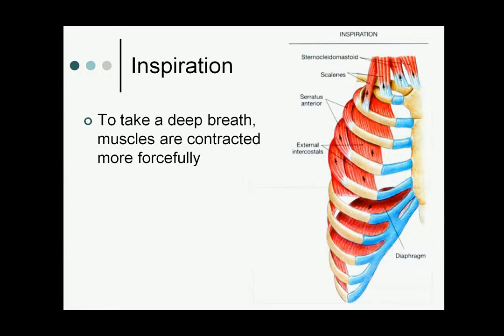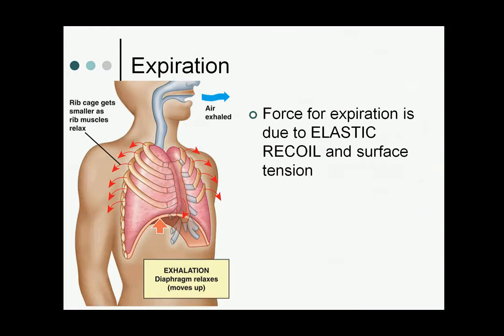So for a deep breath, continuing on the inspiration and almost completing, deep breath is just more contraction of your rib muscles and also the diaphragm. For expiration, everything is just kind of going back to normal for the most part. Relaxation is the easy part. So diaphragm relaxes, intercostals relax, ribs are going to contract a little bit after being expanded, and so air is going to come out.